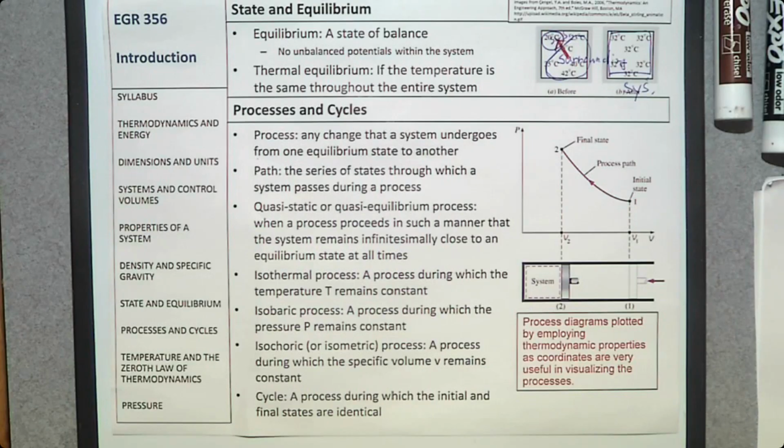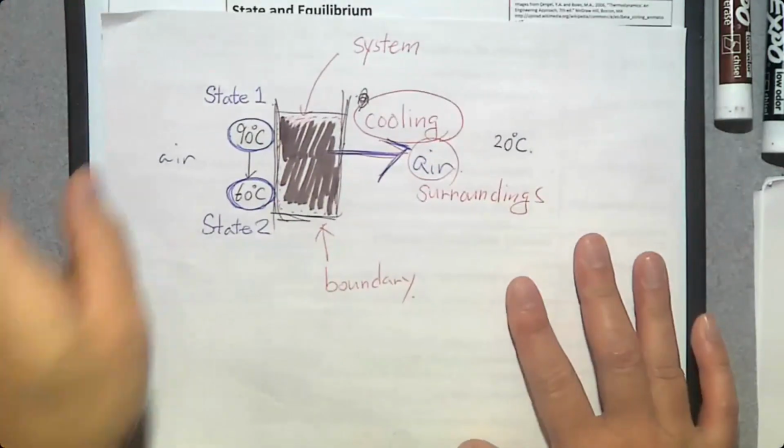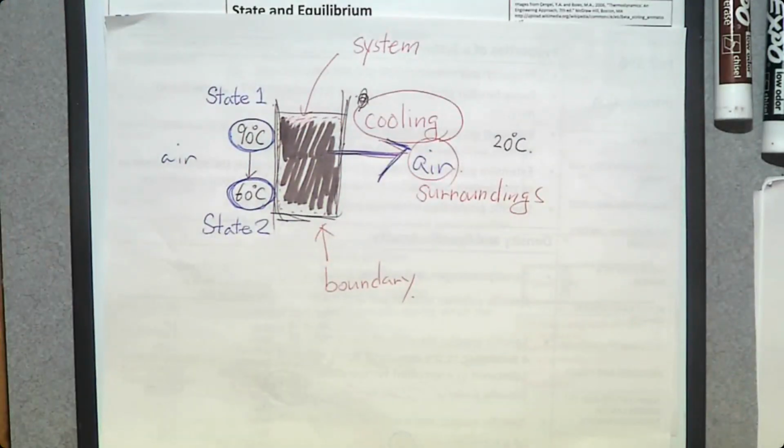That means that when we say the temperature of the coffee went down from 90 degrees Celsius to 60 degrees Celsius, our assumption in thermodynamics is initially everywhere in the system is going to be 90 degrees Celsius. Maybe 2 minutes later, everywhere in the system is 88, 86. So we assume that the system temperature goes down while maintaining thermal equilibrium. Okay?